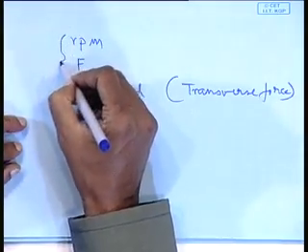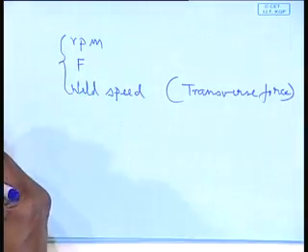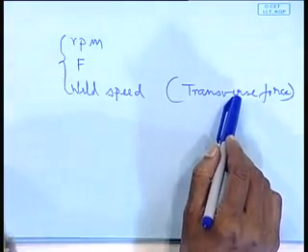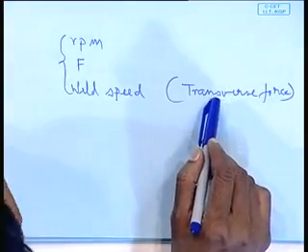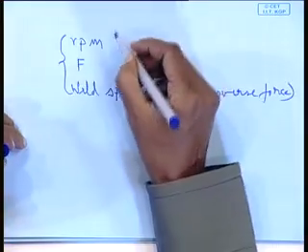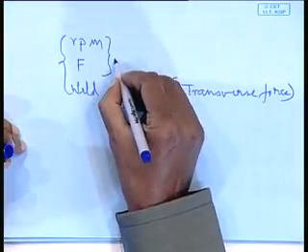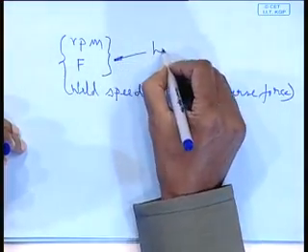But controllable parameters are increasing or decreasing weld speed, and this force may be more or less. Essentially these two are responsible for the heat generation.